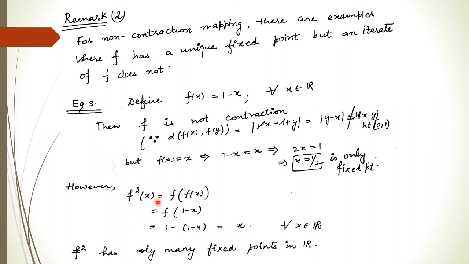So this implies f² has infinitely many fixed points in R. So we have such functions which are non-contraction having a unique fixed point. However, the iterate of f doesn't. So this iterate of f has infinitely many fixed points in R.